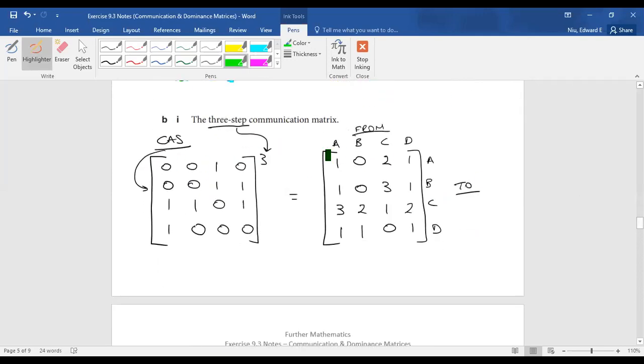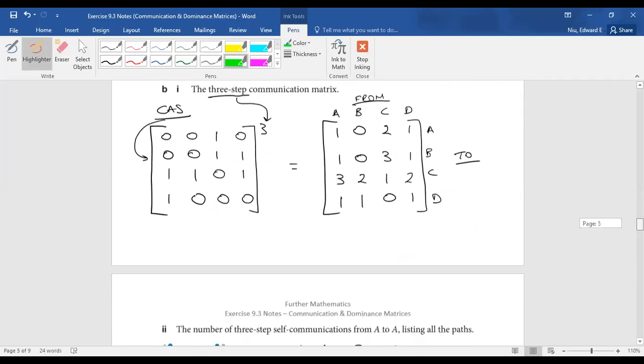And this shows us the 3 path connection between each point. So we can get from A back to A with one 3-step path. We can get from C to A in 2 3-step paths. And let's take a look at what the paths are.